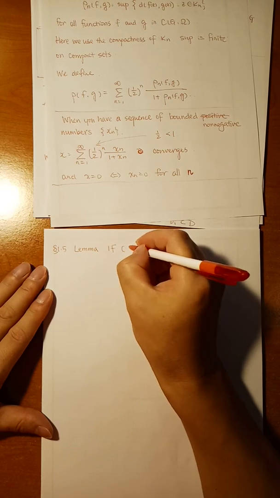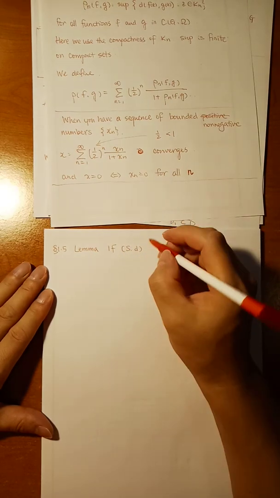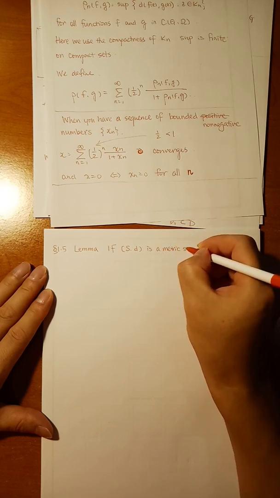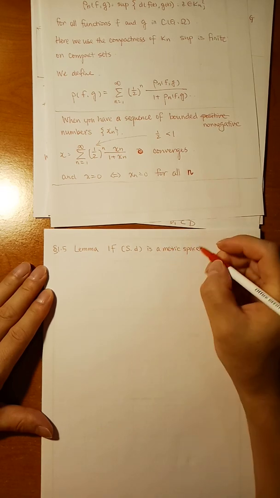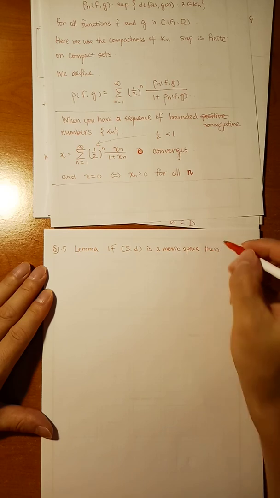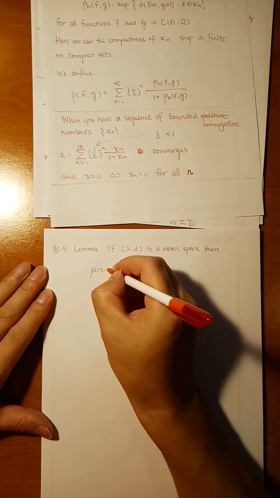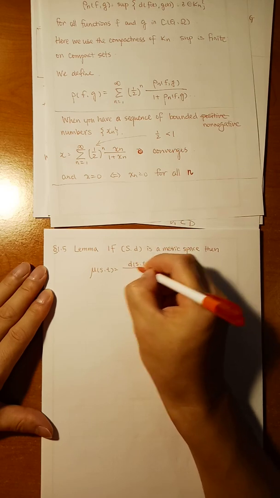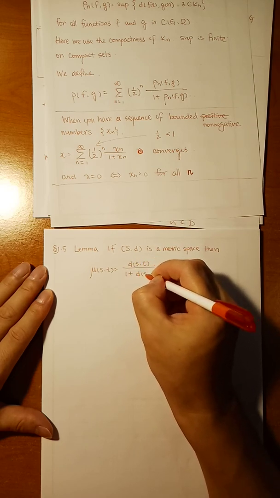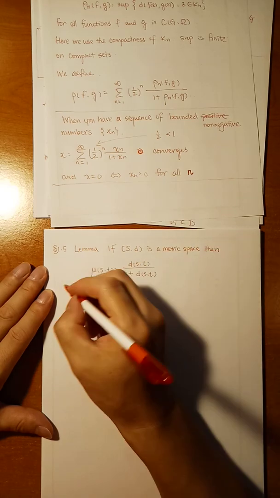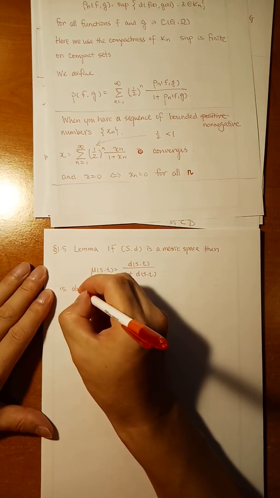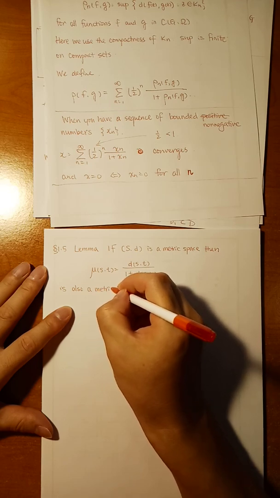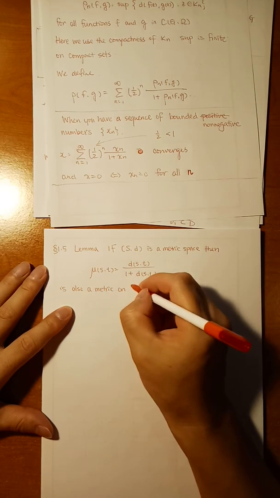If (S, d) is a metric space, then mu(s, t) defined by d(s, t) over 1 plus d(s, t) is also a metric on S.